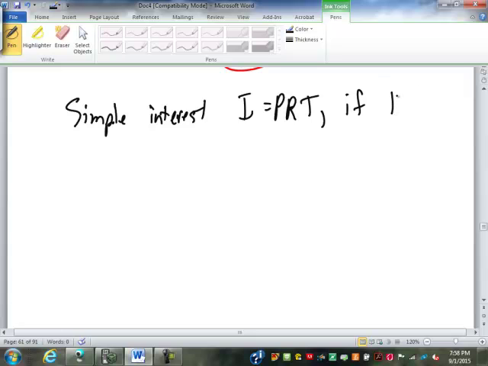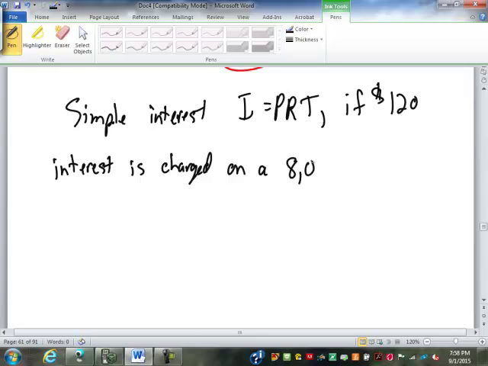If $120 interest is charged on an $8,000 loan for 1 month, find the rate.